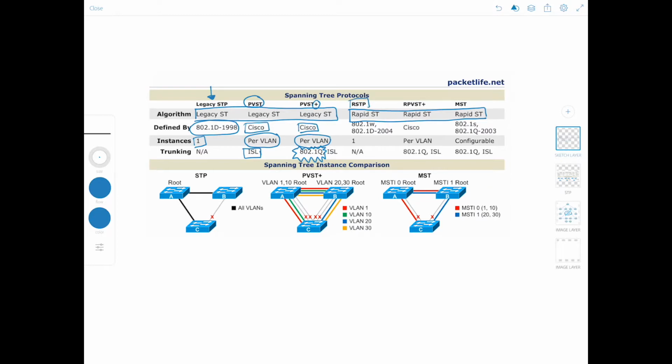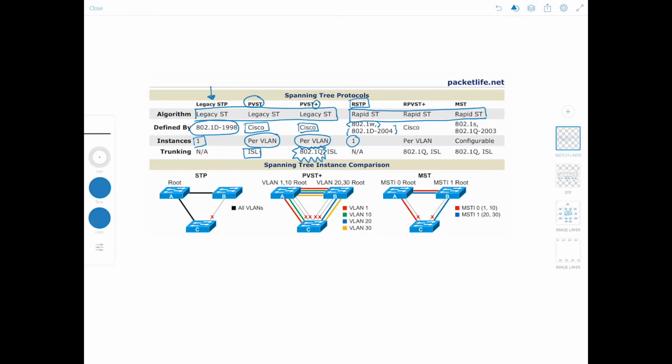So this one right here is the first one to use the rapid spanning tree algorithm, and here is the original standard, but then it was later incorporated into the 802.1D-2004 standard, and still it supports only one instance of spanning tree. So next there's Rapid PVST+, which is a Cisco enhancement of RSTP, and it's similar to PVST+.